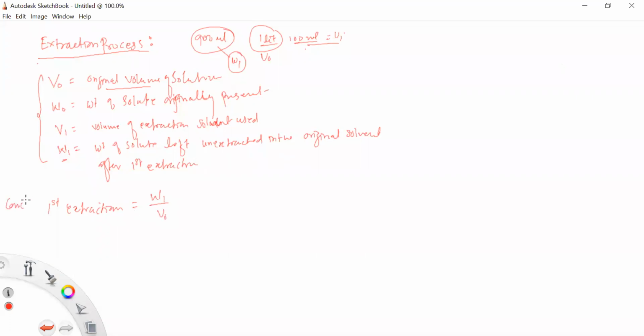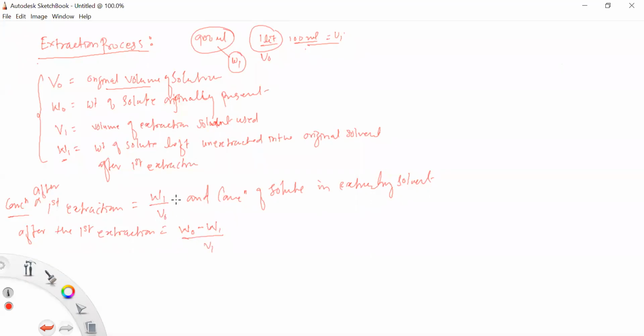This is the concentration after the first extraction. And the concentration of solute in the extracting solvent after the first extraction is equal to W0 minus W1 upon V1.